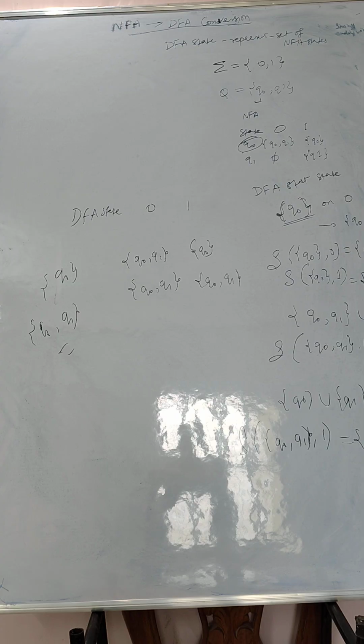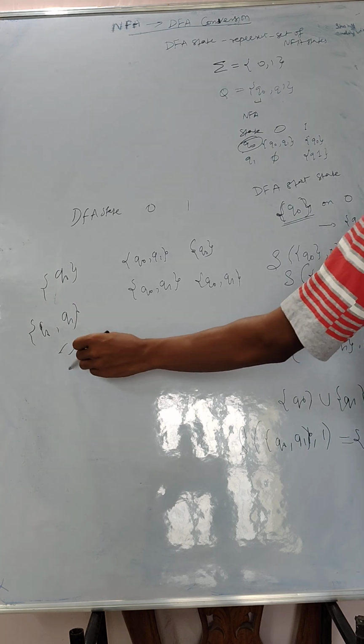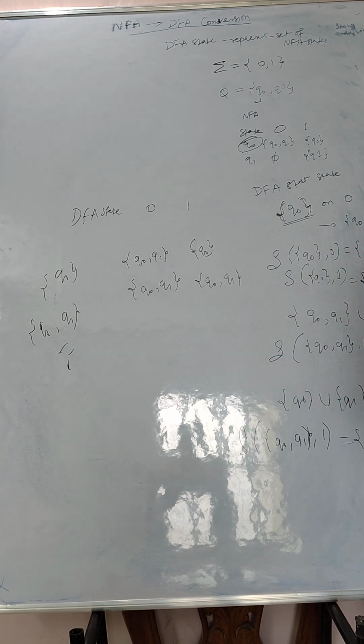So combining both, {Q0, Q1} union empty gave me {Q0, Q1}. That's why I took {Q0, Q1} here. And on input 1, Q0 on input 1 gave me Q0 and Q1 on input 1 gave me Q1. So combined, Q0 union Q1 gave me {Q0, Q1}, right?